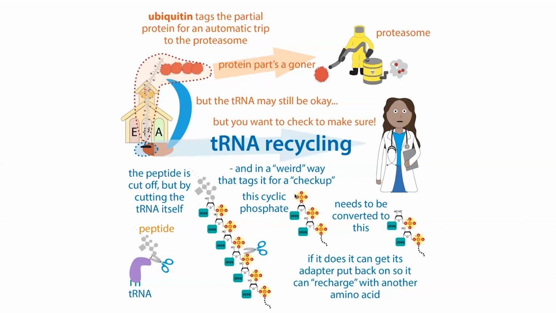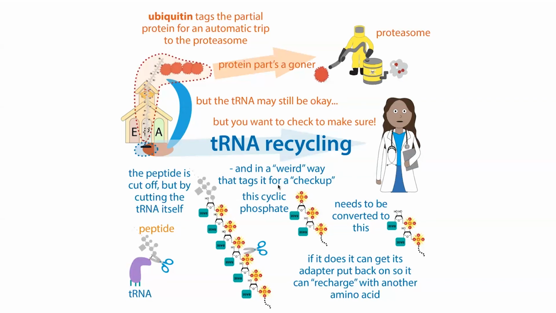And so in order to actually be used, this tRNA is going to have to be converted into a form that can function, and it's going to have its adapter put back on. So basically you're cutting the adapter that allows it to link to the amino acid, to the peptide chain. And so you need to add that back on. It's like this CCA thing.